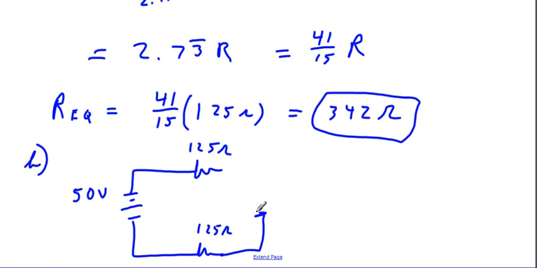And my equivalent resistor that is sitting there is going to be what? Well, 342 minus 250, 92 ohms.